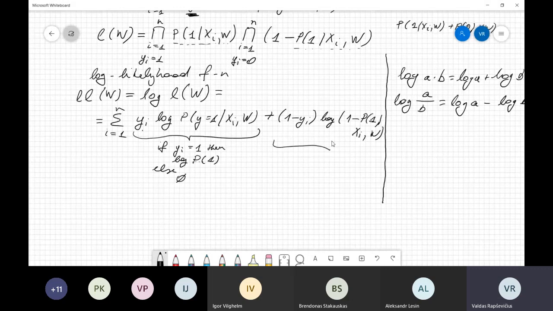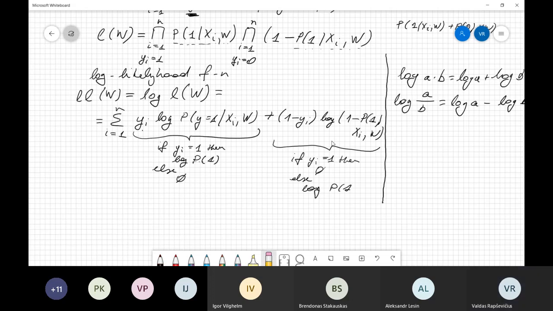And this term is vice versa. If yi equals 1, then we have 1 minus 1 is 0, so it is 0. Else it equals log p1.